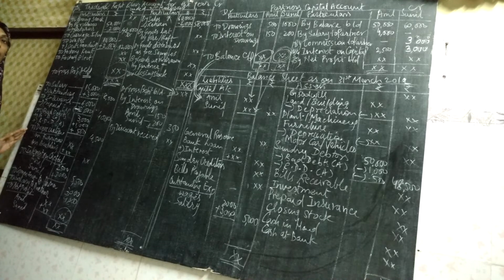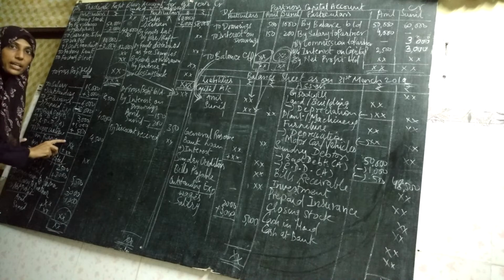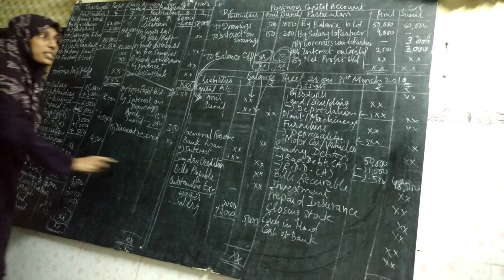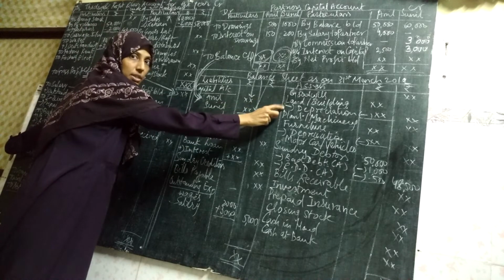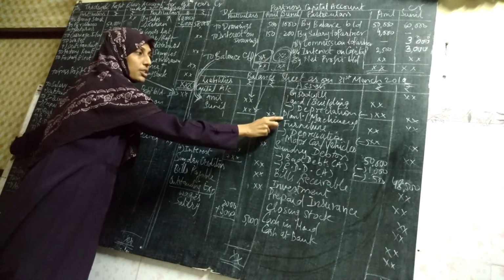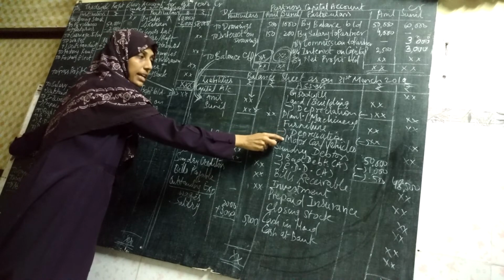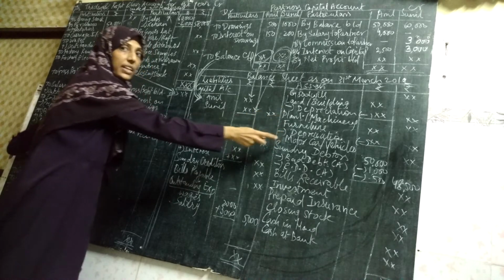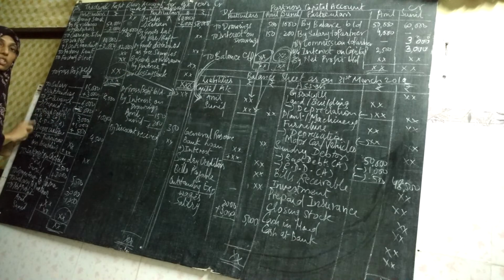In the last video, I explained that depreciation is shown on the debit side on furniture, on building. Same thing, I've kept the same thing here. Depreciation on land and building is minus on the asset side, and depreciation on furniture is also minus on the asset side. But the second effect of the same depreciation will be the P&L account debit side, because it is a loss to the business.